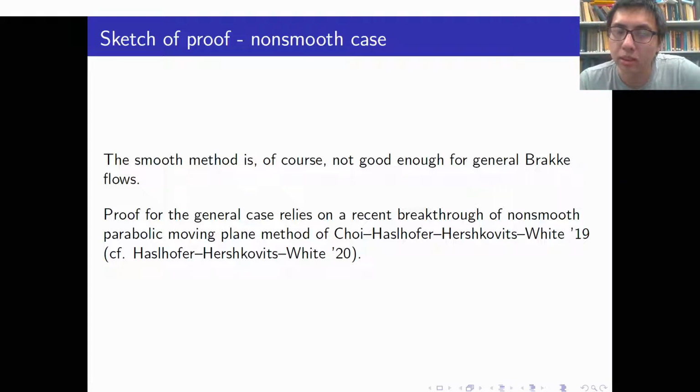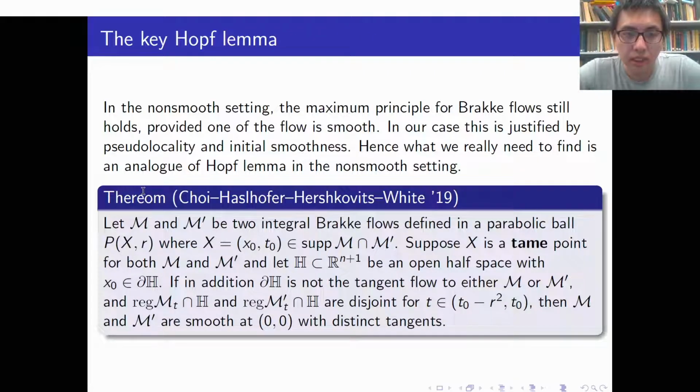This is the big paper that proved the Mean convex neighborhood conjecture in arbitrary dimension. That's a generalization of the older paper, and they have a non-smooth version of the parabolic maximum principle, which we also use. And the second paper of Haslhofer, Hershkovits, and White is an elliptic variant of this non-smooth moving plane method.